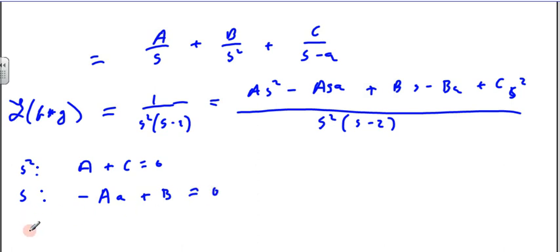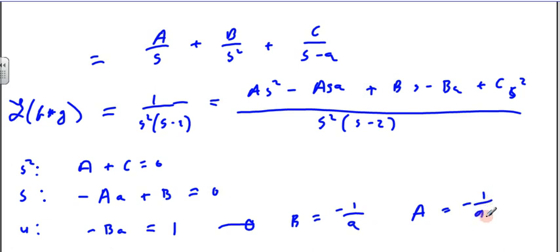And then we look at the unit term, and we have minus B, little a is equal to 1. That being the case, we can figure out that B has to equal minus 1 over a. And if B is minus 1 over a, then A has to be minus 1 over a squared. And if A is minus 1 over a squared, then C has to be 1 over a squared.